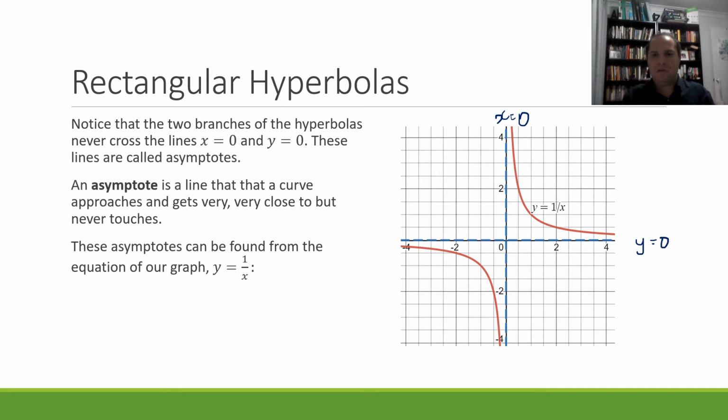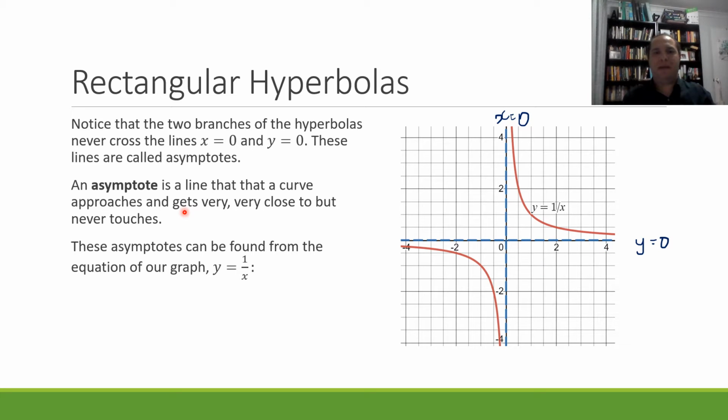So these two blue lines here basically trap and enclose our hyperbola, and our hyperbola can't cross those lines. They'll get very, very close to those lines, as you can see. These curves are getting very close to the lines, but they're never going to touch them. These blue lines are called asymptotes.